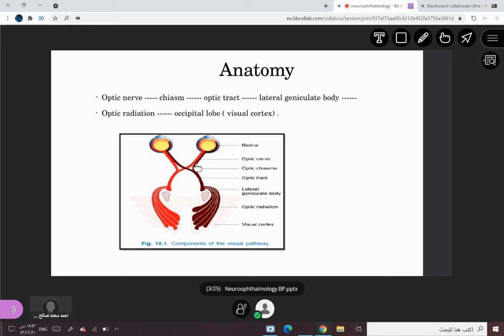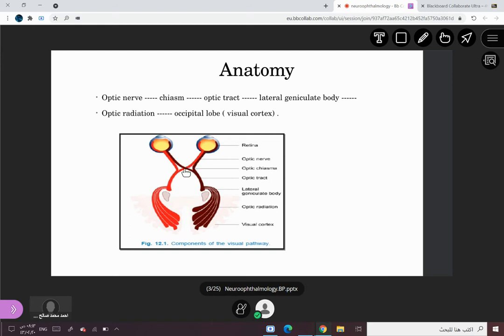Decussation will happen in the optic chiasm. Let's assume there is an exception, but let's take this decussation as if the nasal retinal fiber will cross.